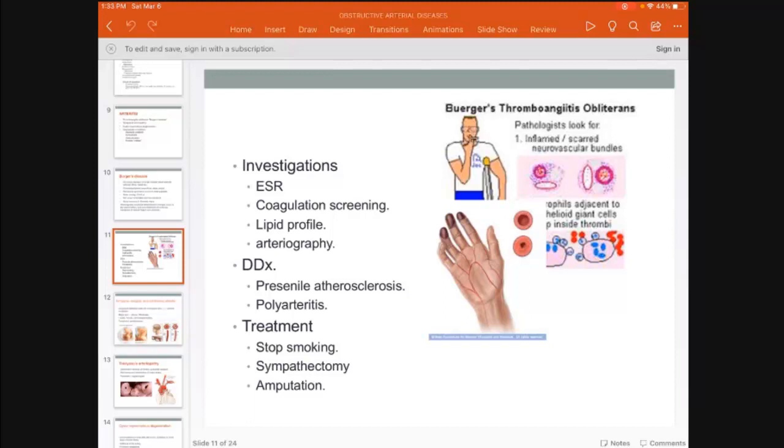Treatment of that one, the most important thing is to stop smoking.